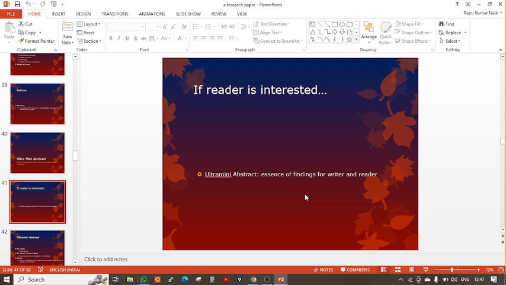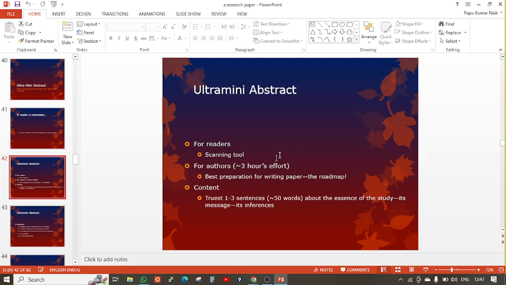In some papers it is given as highlights or an ultra mini abstract, or some options are there. The ultra mini abstract is a skimming tool. Before going into a detailed study, one or two highlighted sentences may be written in the ultra mini abstract, and the readers can skim them and decide whether this paper is very important for their research or not.